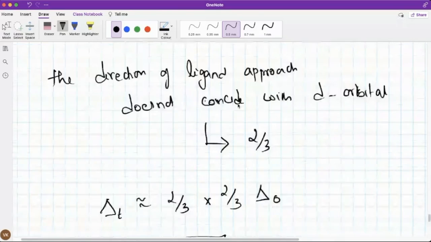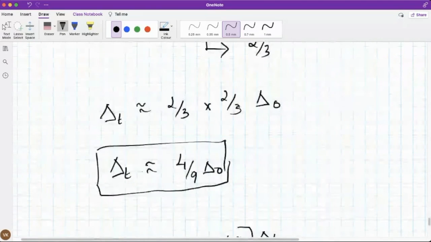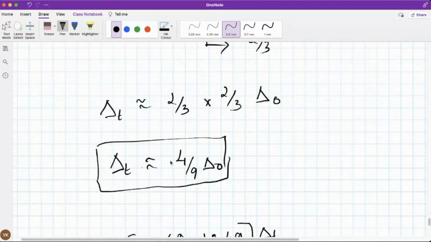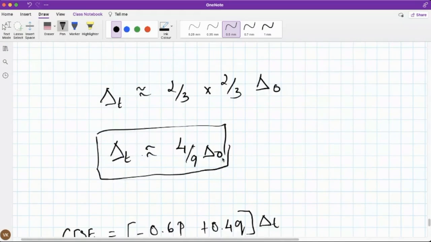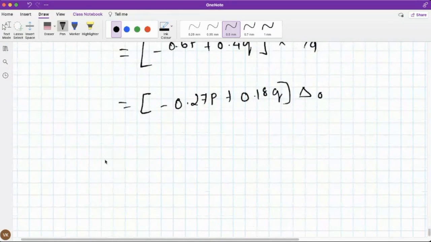Now as we see here, the delta T is basically 4/9 delta naught. So delta T is obviously lower than delta naught. Hence there is no low spin.